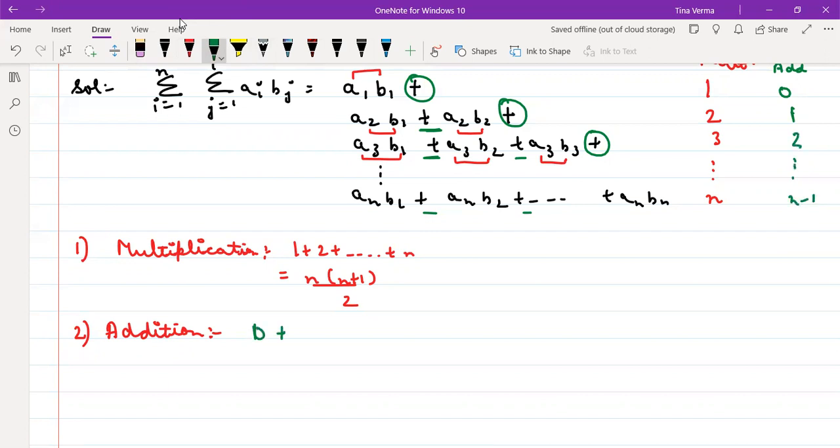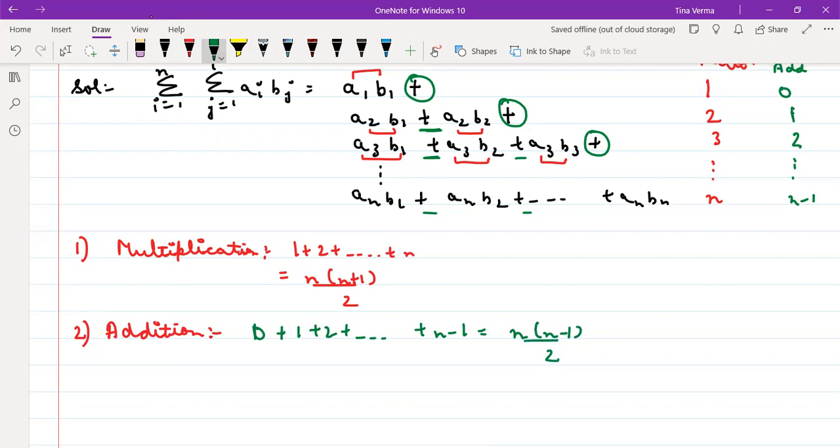When you add up, this is 0, 1, 2, that is 1 plus 2 up to n minus 1. If you count, this is your GP. So this will be your n into n minus 1 by 2.